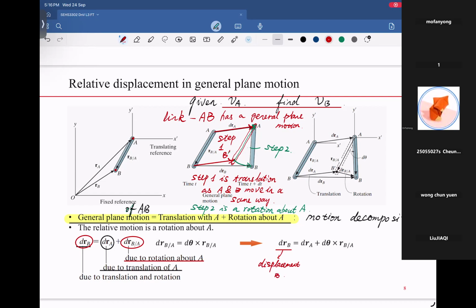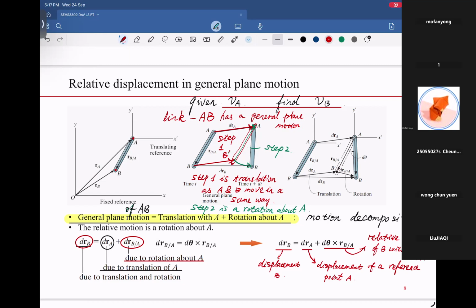The displacement of B equals the first one, which is the displacement of a reference point, reference point A, plus the relative displacement of B with respect to A, with respect to the reference point.